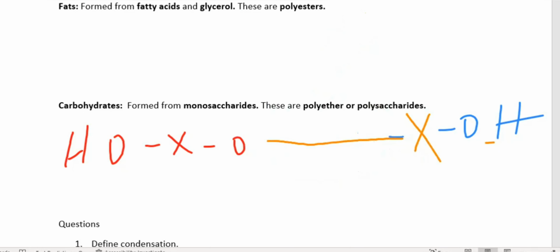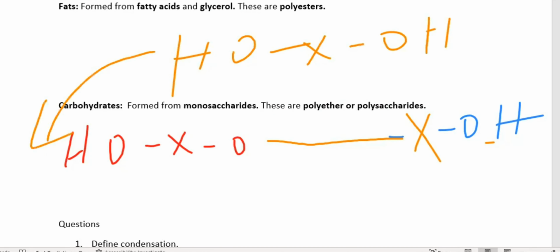And of course, you can take another HOXOH and attach it over here, and take another one and attach it over this side. And you continue adding to the chain until you get to your polysaccharide.